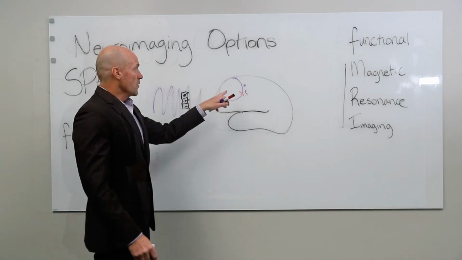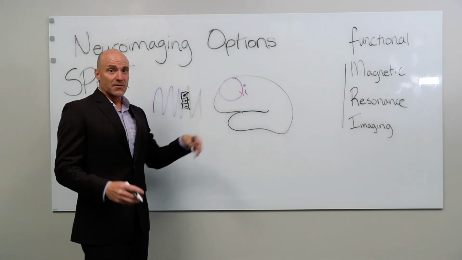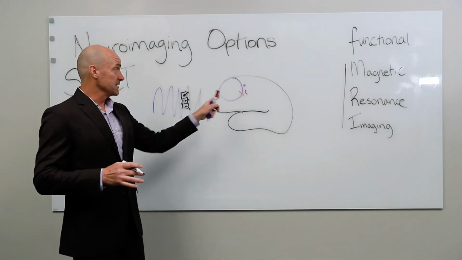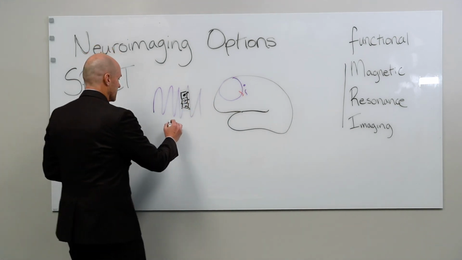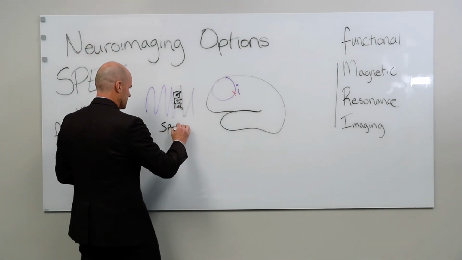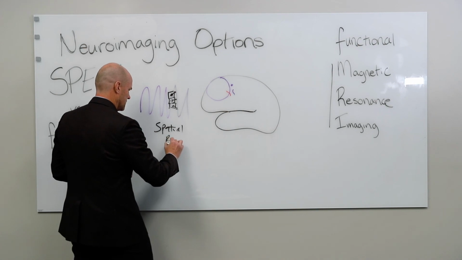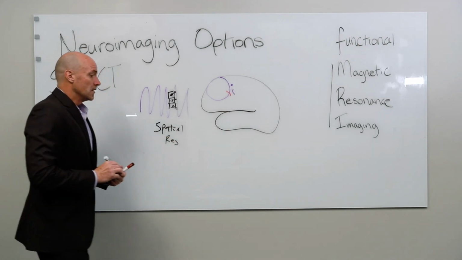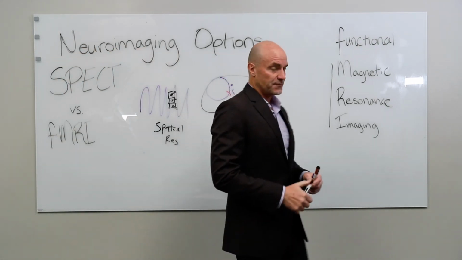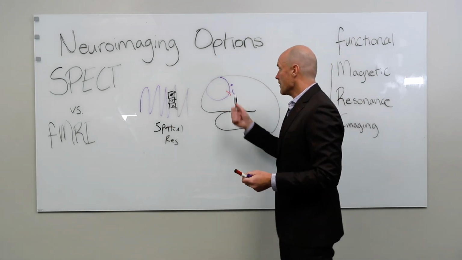Remember when we were talking about SPECT, this is spatial resolution. And functional MRI has far superior spatial resolution.